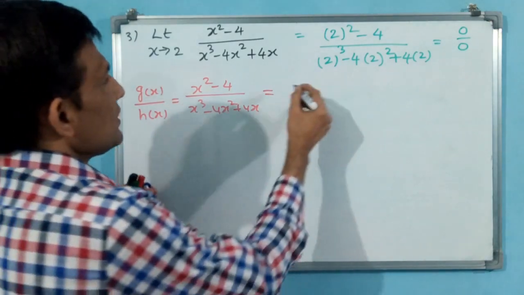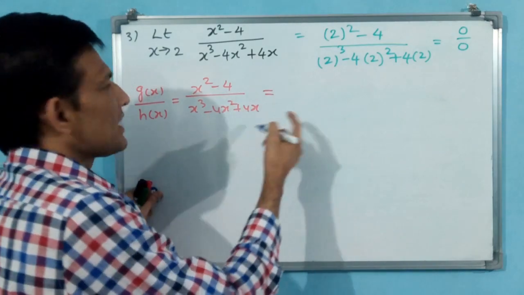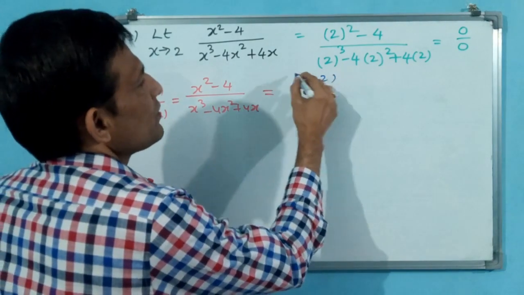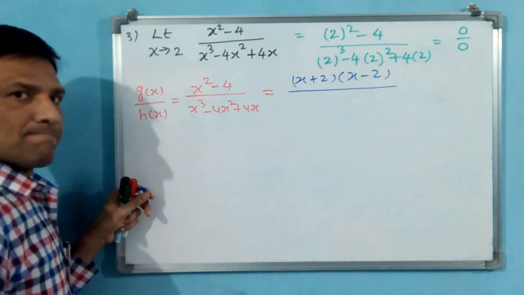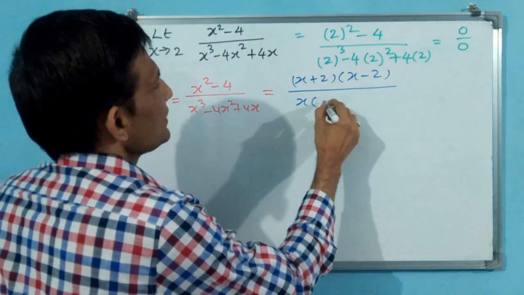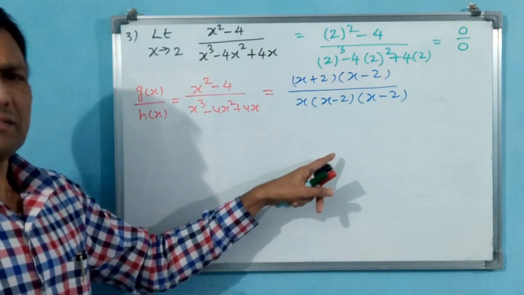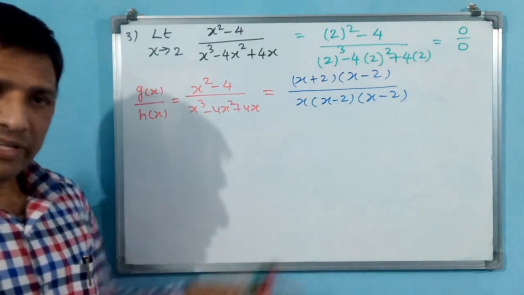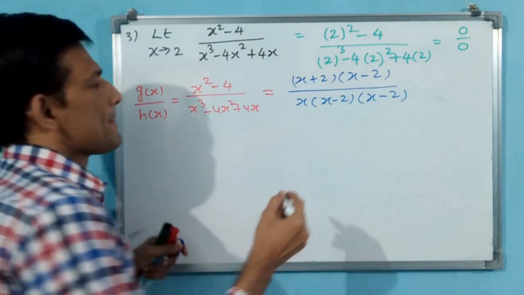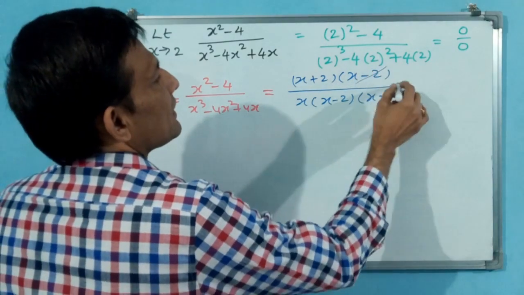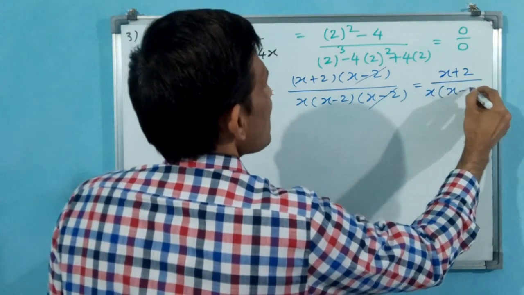Directly I am writing, x plus 2 into x minus 2 by x into x minus 2 into x minus 2. How have I written it directly? Because in the last question we did the same. Why should we waste time? So it becomes x plus 2 by x into x minus 2. Is it okay?